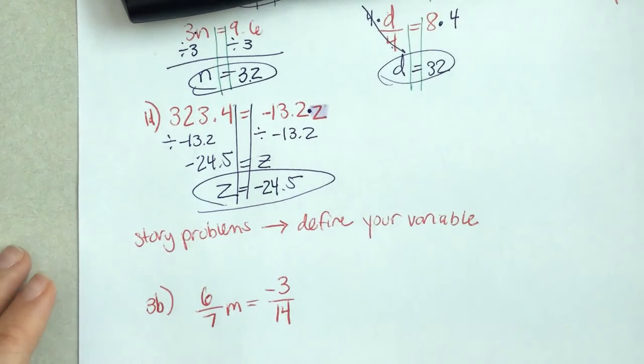Now, there are a couple story problems, and in the story problems, you can look at those. Story problems, really, it's just practicing with writing equations. One thing they don't talk about, though, in your notes is defining a variable.